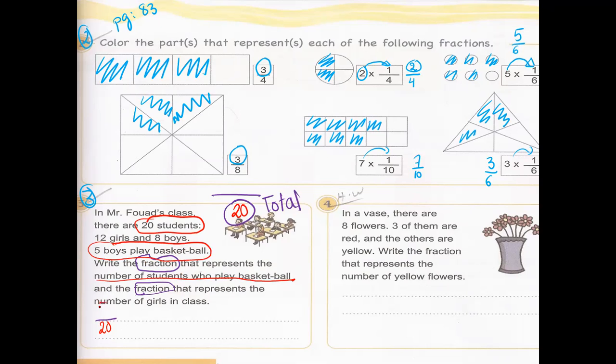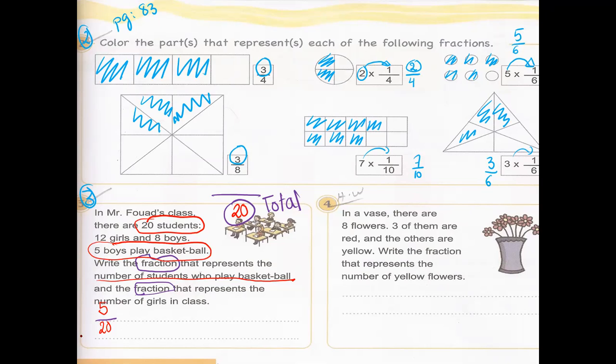So I will write up 5. If I'm asking you about the number of boys, up you have to write the number of boys.